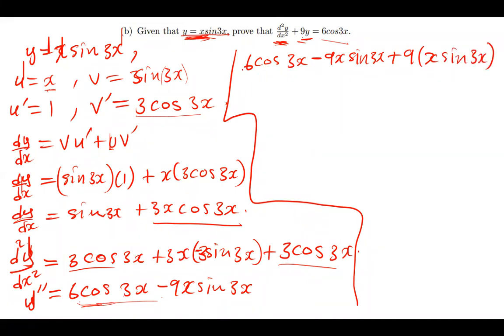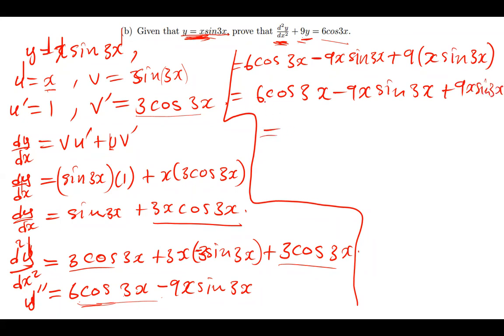Then we simplify this. We have 6 cos 3x, and then negative 9x sine 3x, and 9 times x sine 3x gives positive 9x sine 3x.